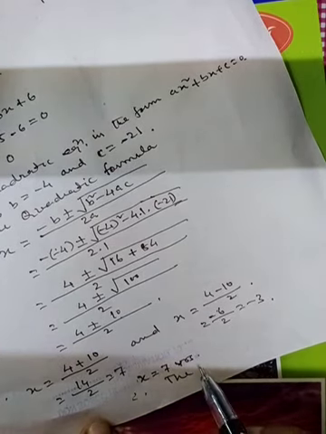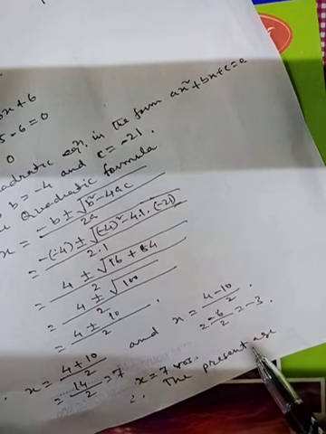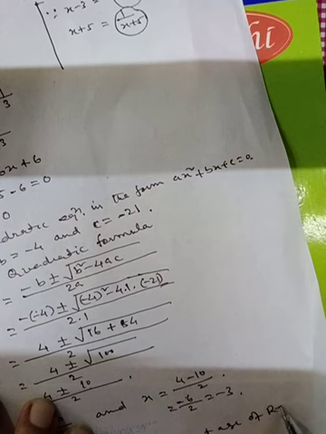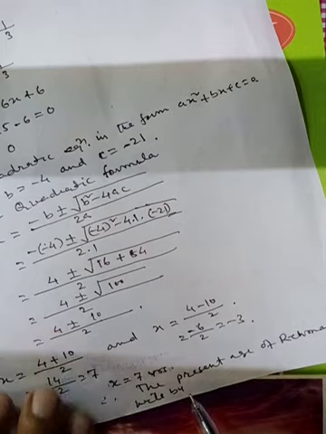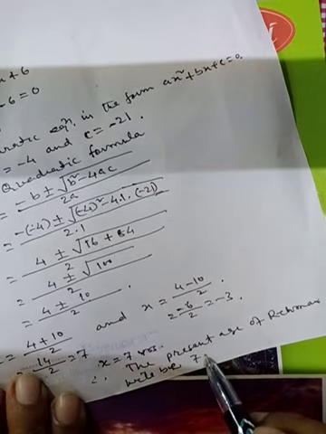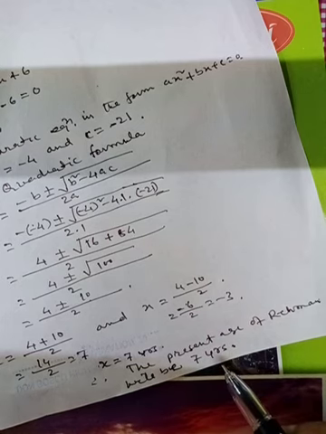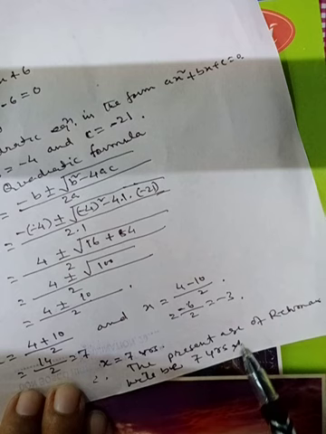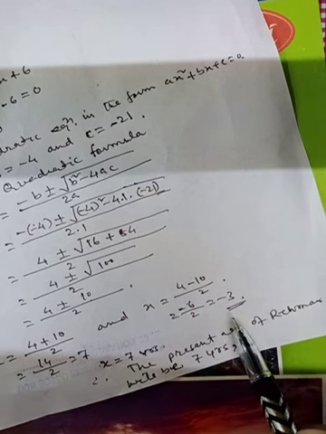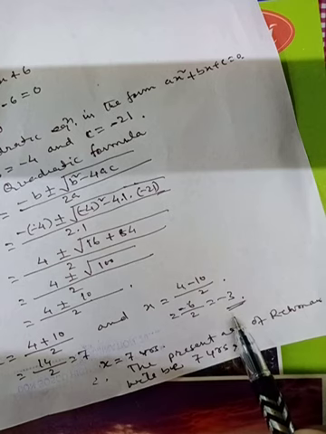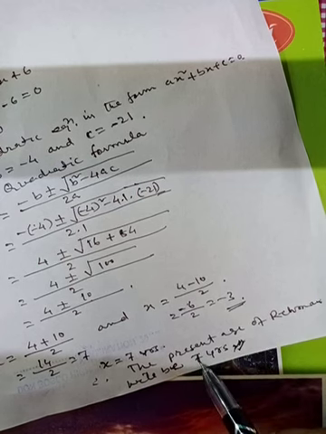Therefore the present age of Raman will be 7 years. So we cannot take the value minus 3, as we cannot have minus 3 years. So the actual answer will be 7 years.